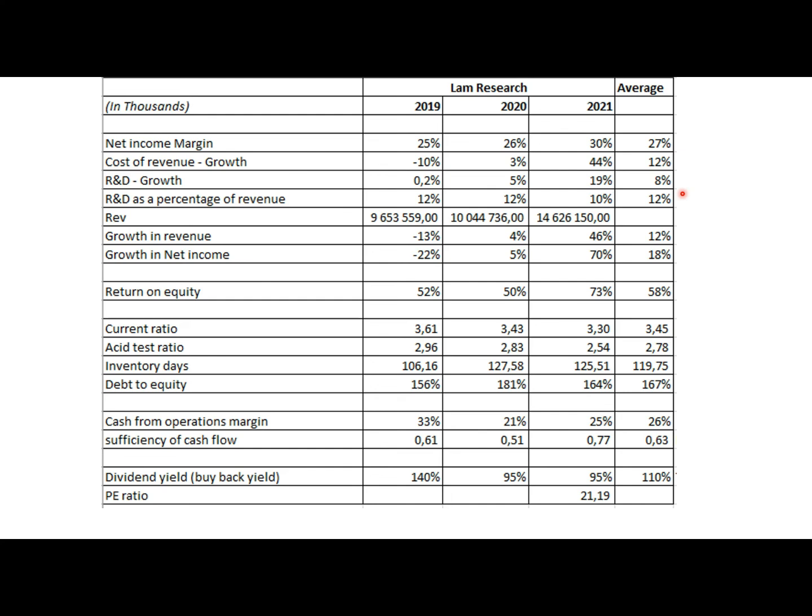R&D as a percentage of revenue only slightly below the industry average. Industry average is 13%. The average for Lam Research is 12%, so only slightly, so not worrying considering the solid performance of the margins, mainly due to the rising revenue, as well as a clear indication that costs are being incurred with the ultimate intention and realization of achieving returns.